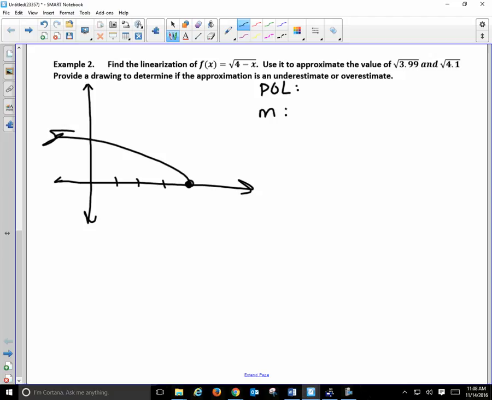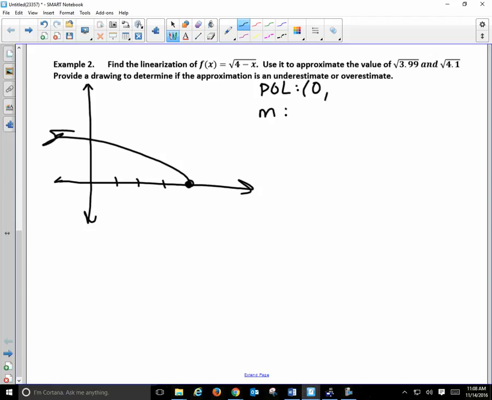Now, because I'm going to approximate the square root of 3.99 and the square root of 4.1, those values are both close to what? 4. So therefore, x will be 0 because that would give me the square root of 4. You see that?